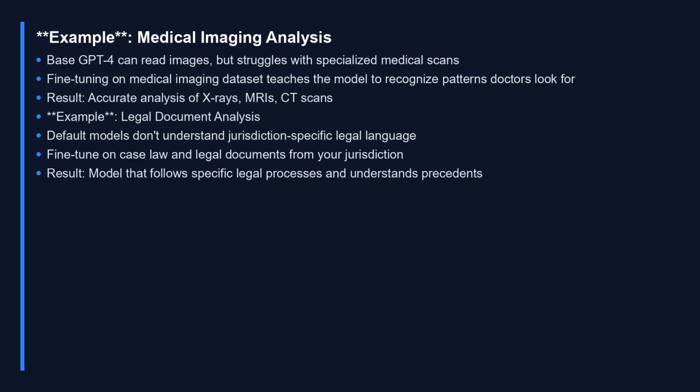The second example, legal document analysis. Default models don't understand jurisdiction-specific case law or the precise language that determines whether a contract clause is enforceable in your state. Fine-tune on relevant case law and legal documents, and you get a model that reasons about precedent the way a trained attorney does.